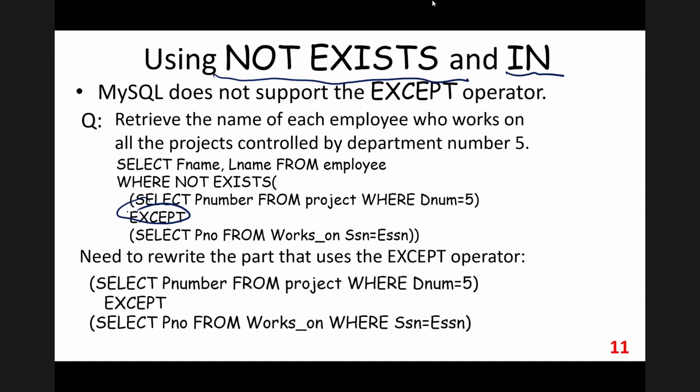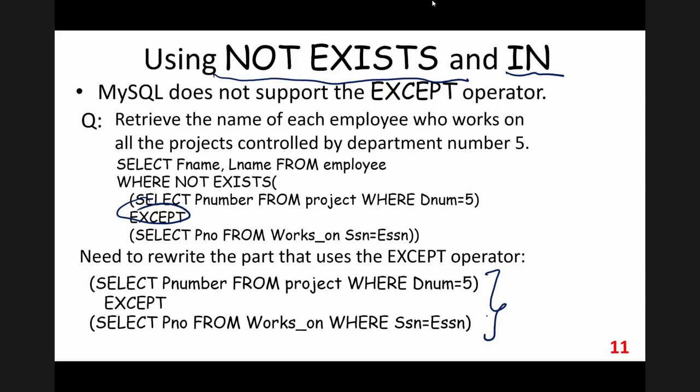So here our goal is to rewrite this part. If we can write this part of our inner query without using the except operator, then we get a different solution, because we can copy the new version of this inner query and put it in the not exists function.